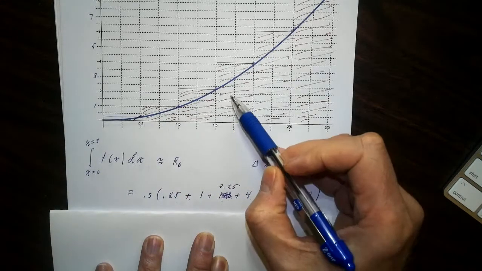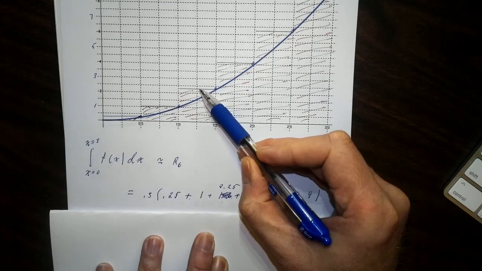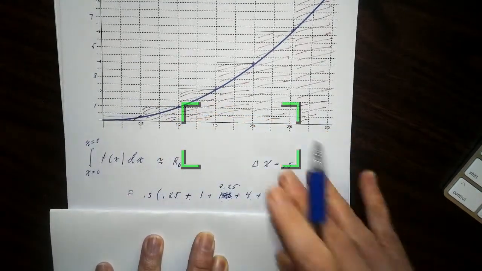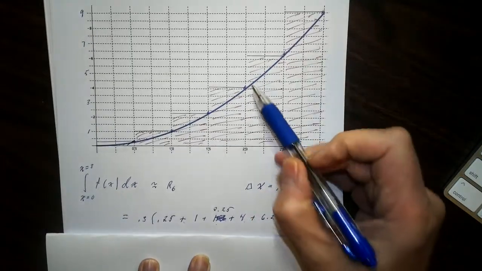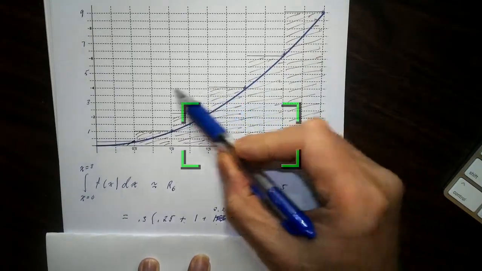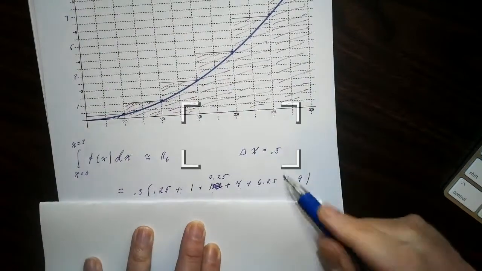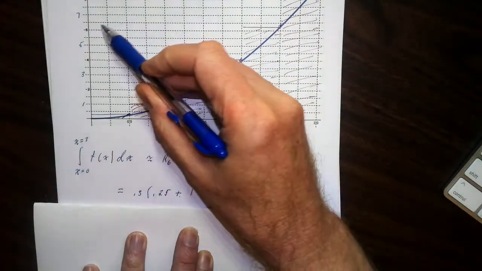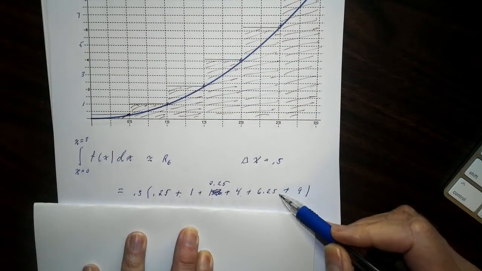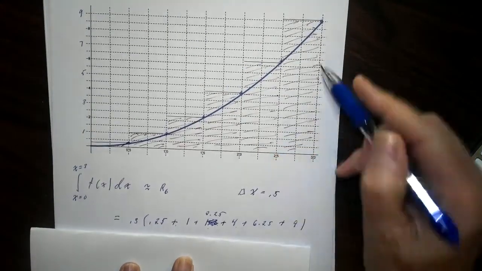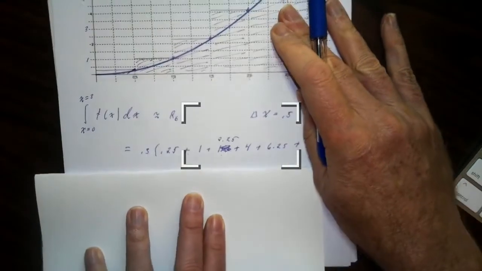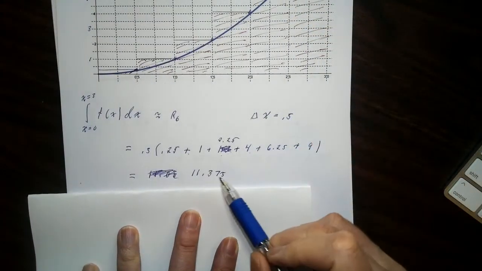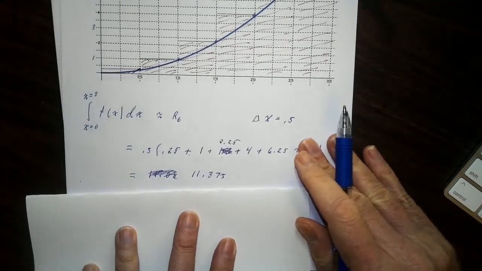At 1.5, the function output appears to be 2.25. At 2, the output is 4. At 2.5, the output appears to be about 6.25. And then at 3, the output is 9. So this would be our right-hand Riemann sum R6, and if I evaluate this, I get 11.375.